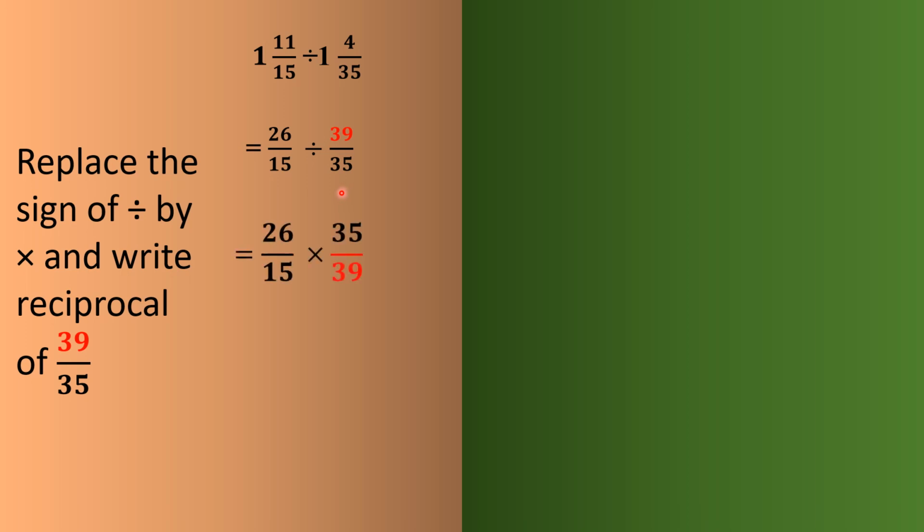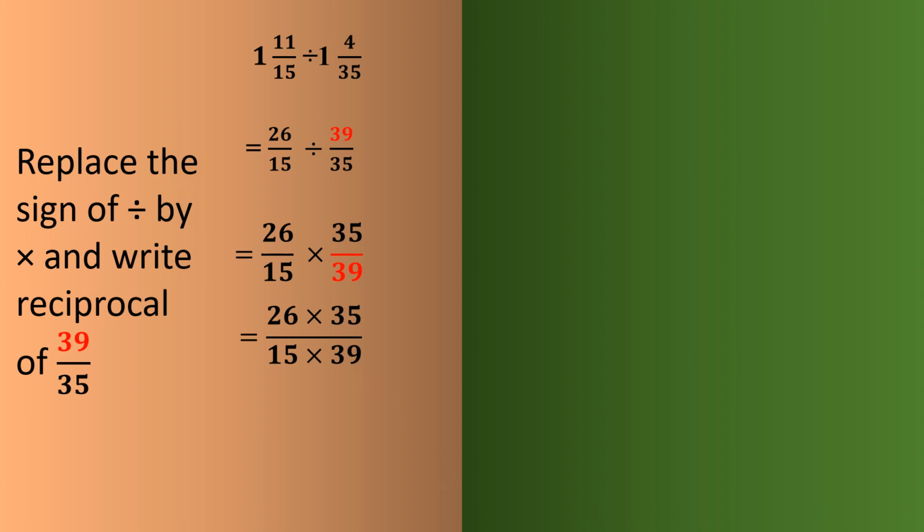So it is 26 by 15 multiply 35 by 39, and it is very simple because it is multiplication of fractions. So 26 multiply 35 by 15 multiply 39, and we can simplify it.